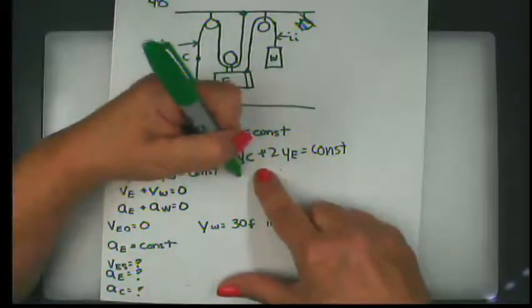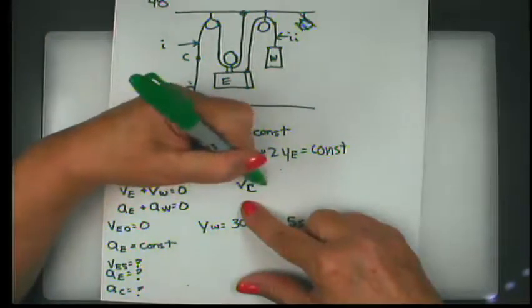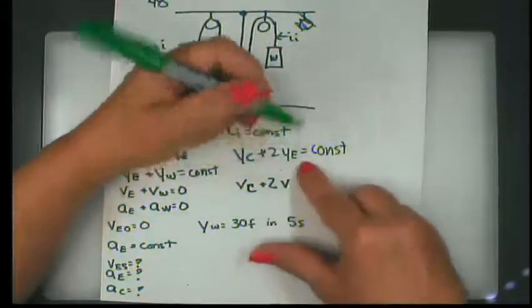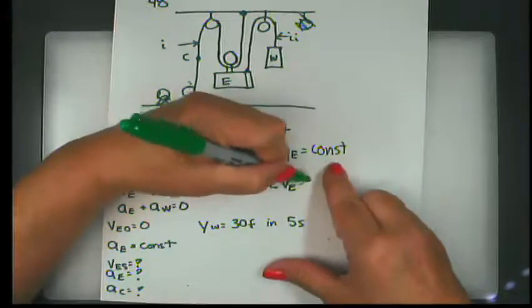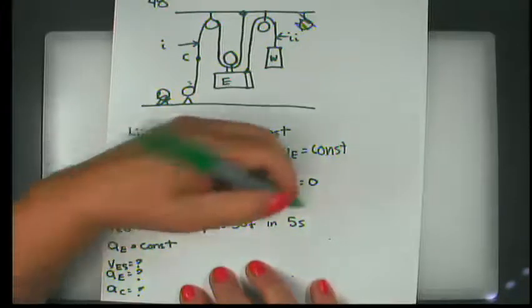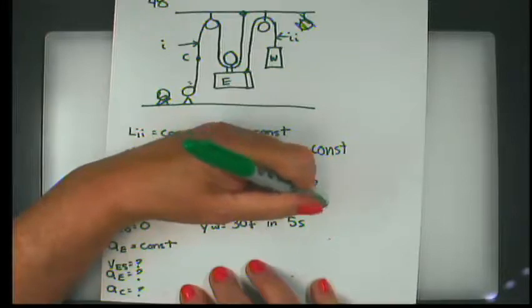Over here, we can say that the velocity of C plus 2 times the velocity of E is equal to 0. And the acceleration of C plus 2 times the acceleration of E is equal to 0.